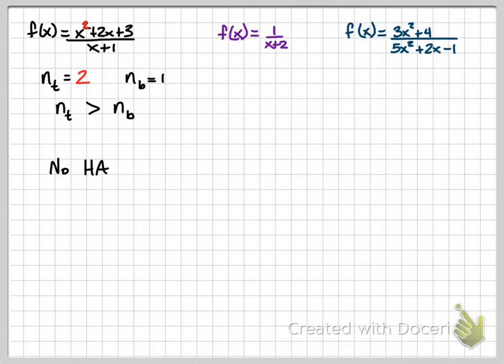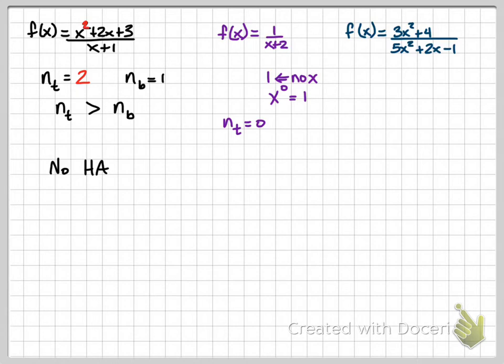Now we can look at our purple one. We do the same thing. The degree of the top. In the top we don't have an x, right? We just have a 1. So there's no x. That means the degree is a 0, because anything to the power of 0 is just a 1. So the degree of the top is a 0.